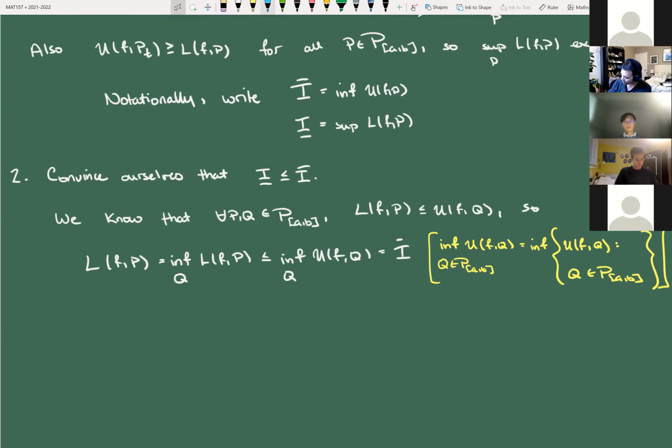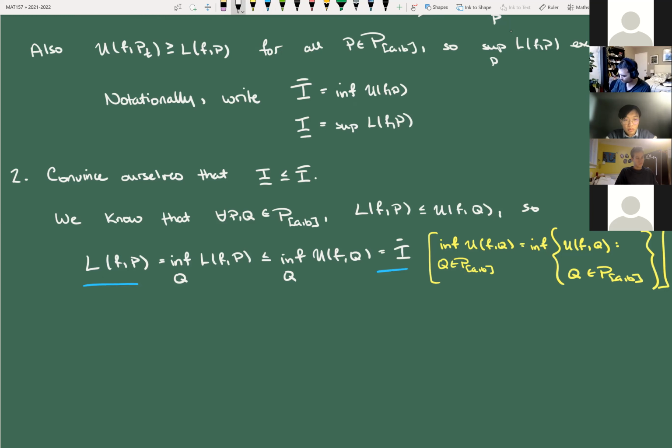So if we look at this inequality again, every lower sum is less than the upper integral. In particular, if I now take a supremum over all of the P's, that gives us the result. The upper integral is an upper bound for the lower sums, so the least upper bound is less than it.